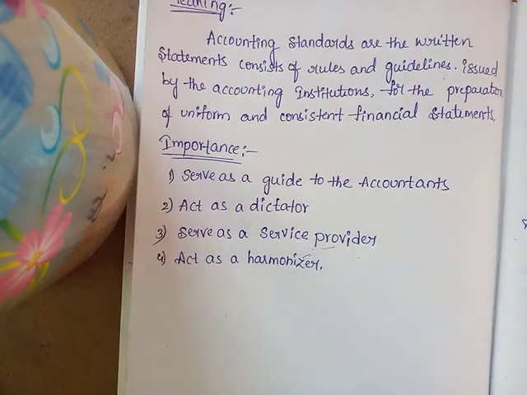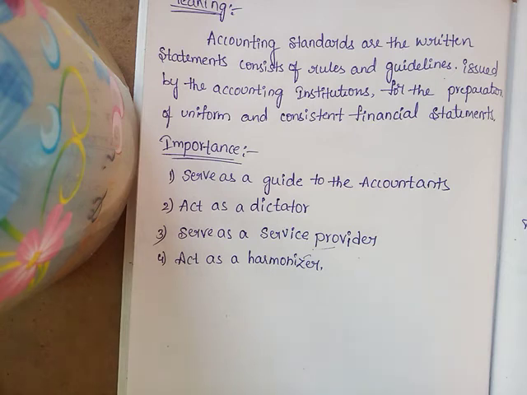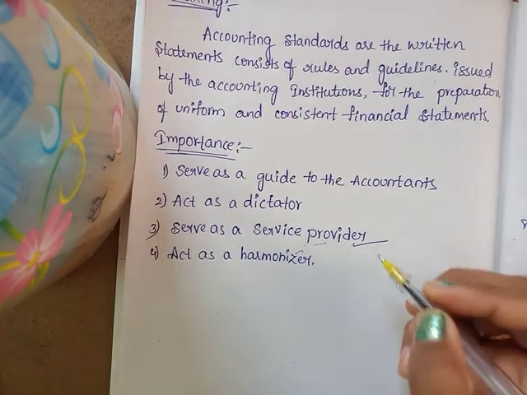So at the end, after completing the preparation of the balance sheet, we give some interpretation. Under this interpretation, we have to write, okay, this much profit is coming in this year, while comparing to the previous year the profits are increased by 20%. Like this we have to explain numerous disclosures and the implementation date. Okay, this is serve as a service provider.